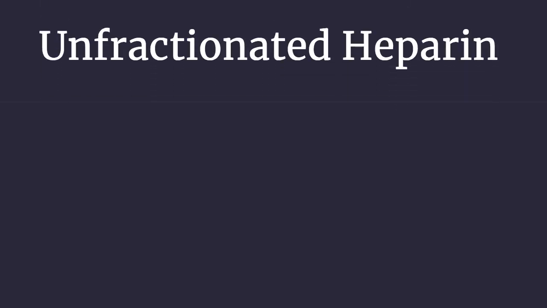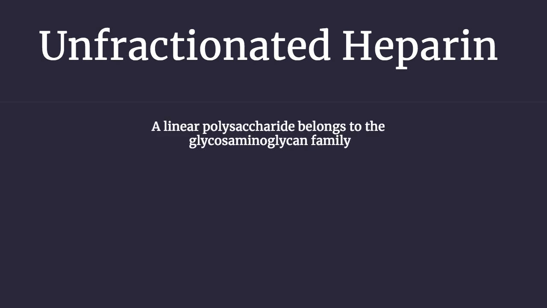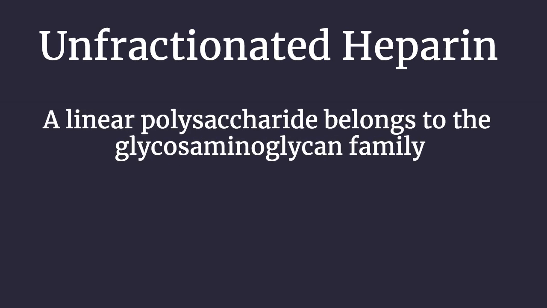So first up, let's talk about the unfractionated heparin. It is a linear polysaccharide that belongs to the glycosaminoglycan family. All mammals actually produce heparin, and heparin-binding proteins have anticoagulant and anti-inflammatory properties, among others. This is not completely understood.